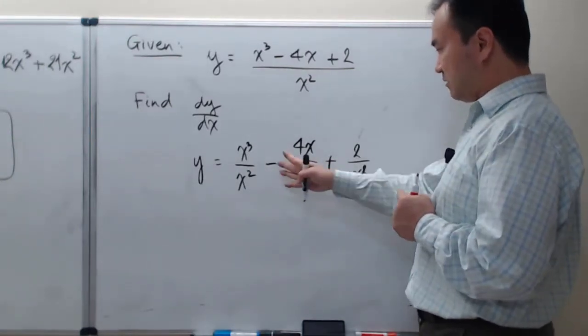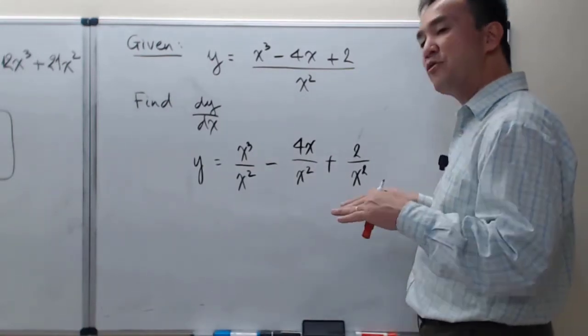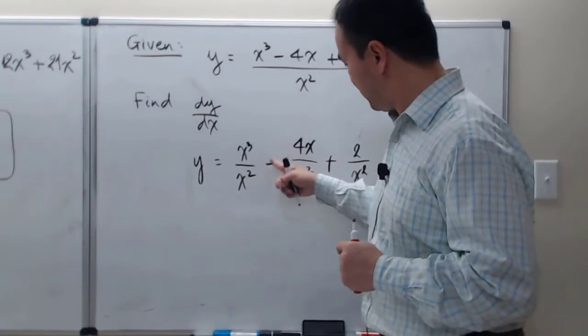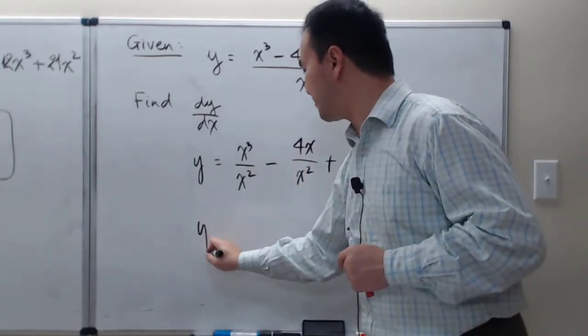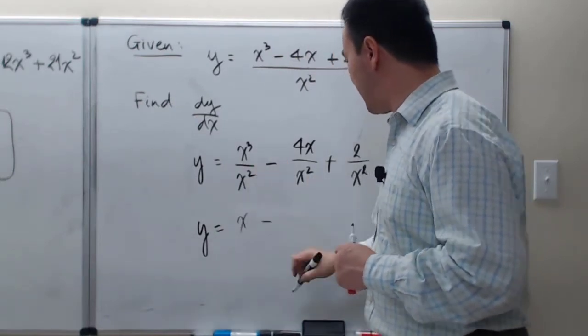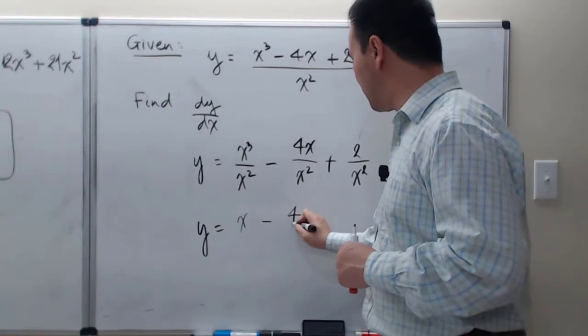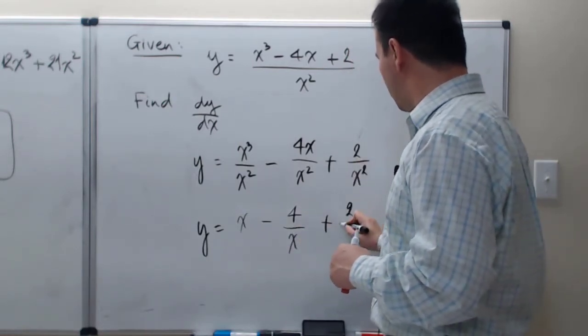Okay, but now this is not our derivative work. This is just some algebra preparation step. And so we can simplify things a little further. So x cubed cancels with x squared, okay, that first term becomes x minus, now this becomes 4 over x, and this is 2 over x squared.